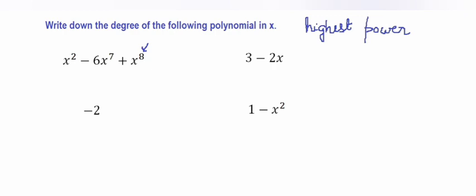So, we will say that the degree of this is 8. Now, here we don't have x, only this term is having x. Now when you don't have any power written, it means it is power 1 here. So the degree for this will be 1. Now you don't have any x term, so we consider it as degree 0.